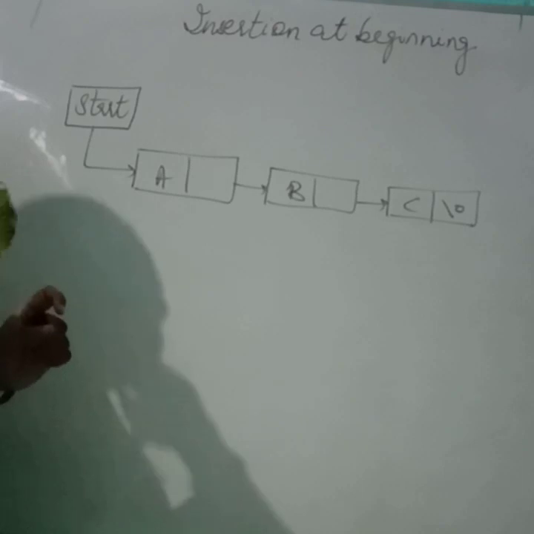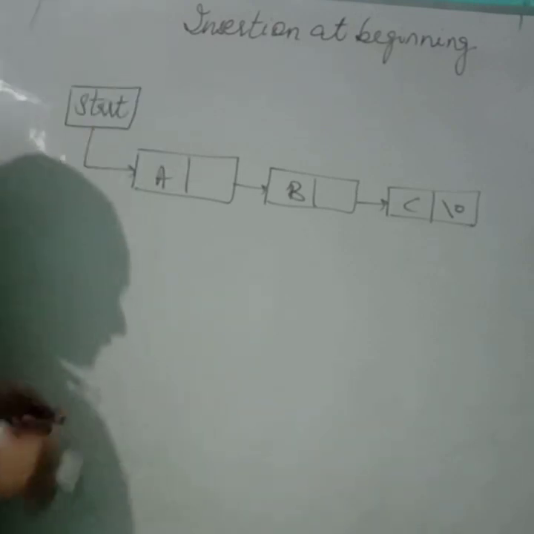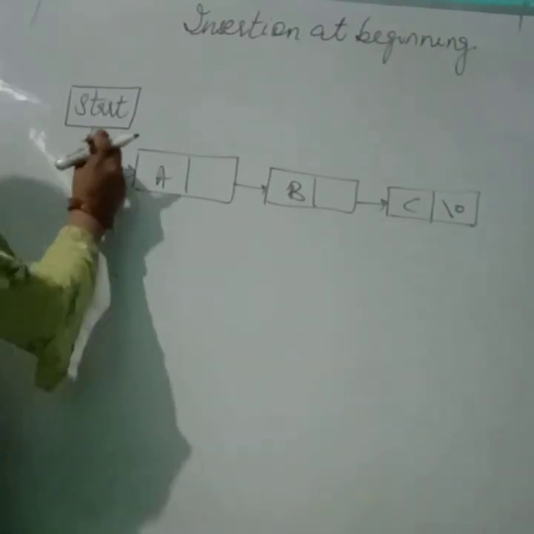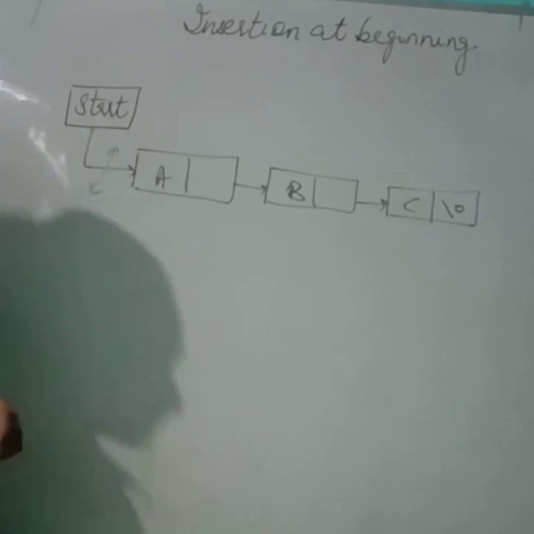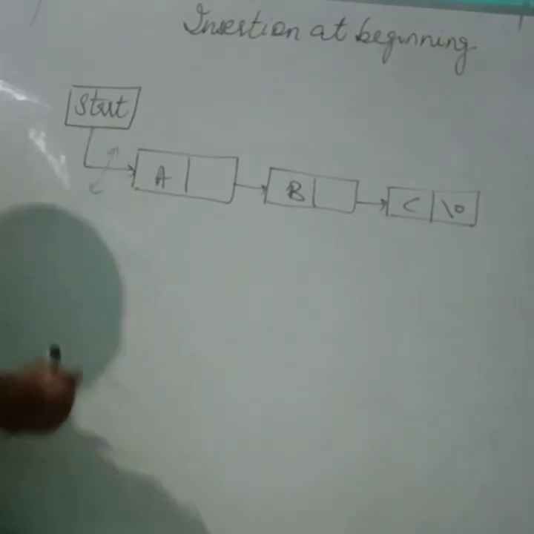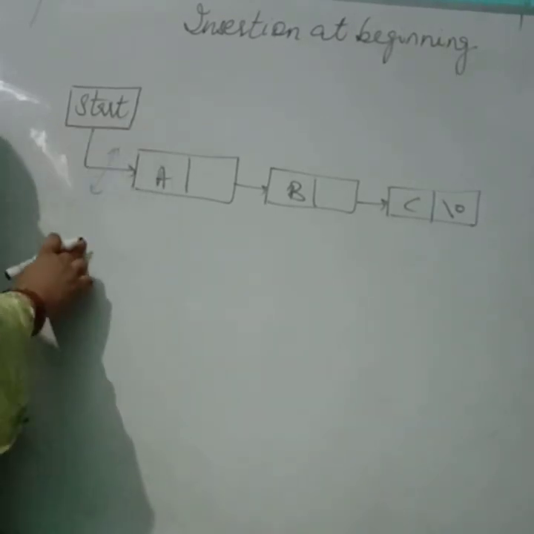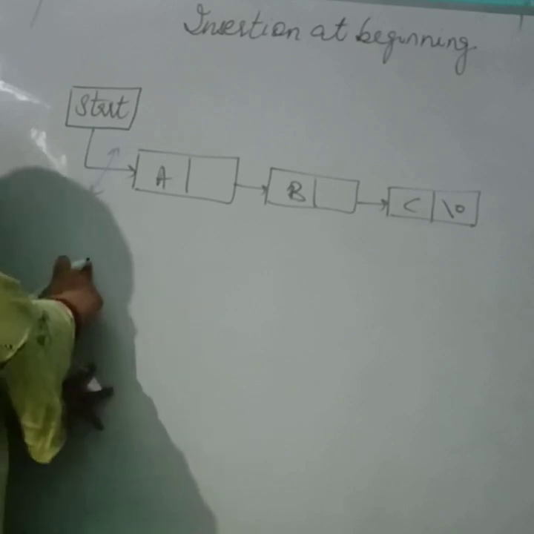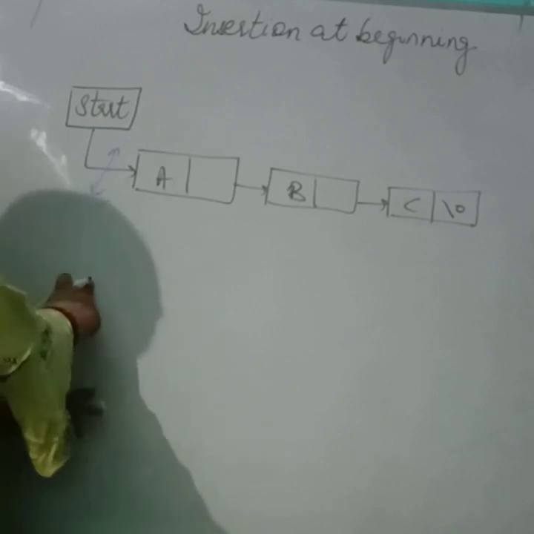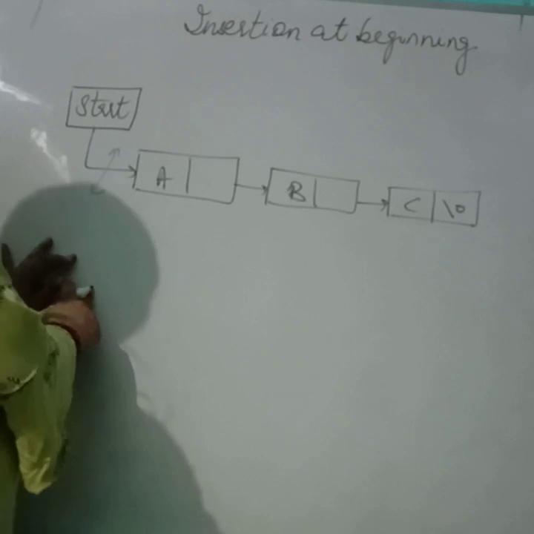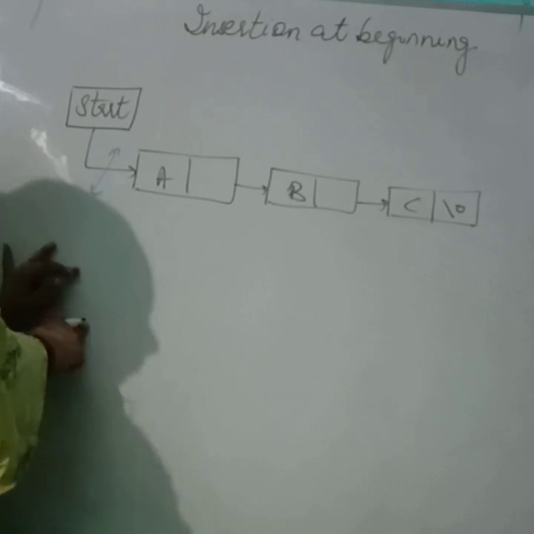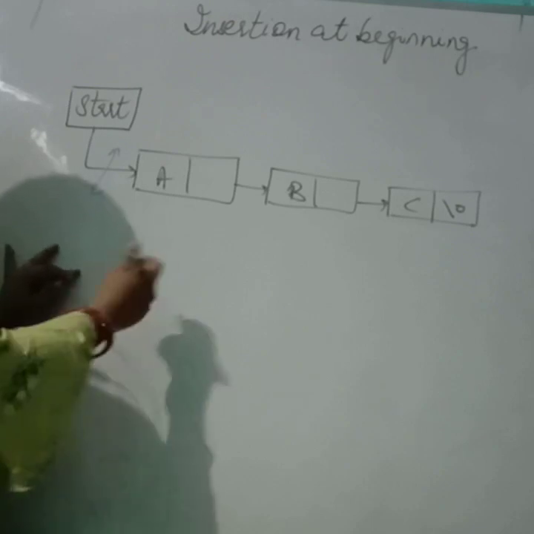Insertion at beginning, which means we have to insert a node at this particular position, that is the first position. So, first of all, we have to create a new node, and for creating a new node, we have to allocate the memory. So, with the help of malloc, we will allocate the memory.